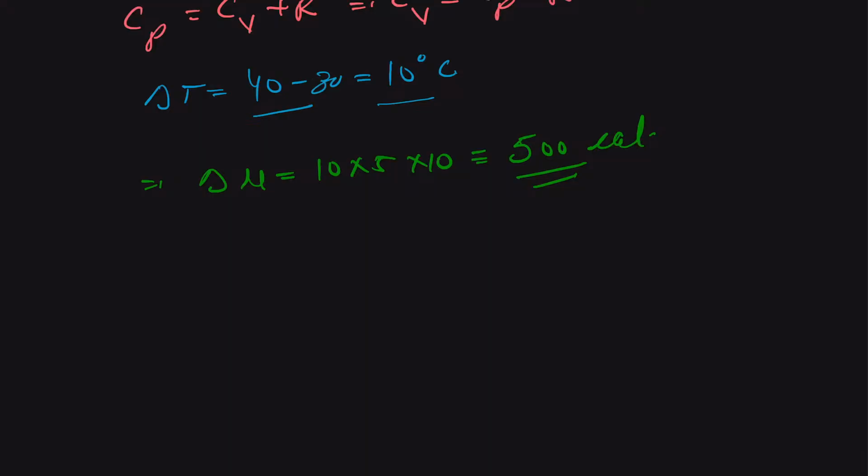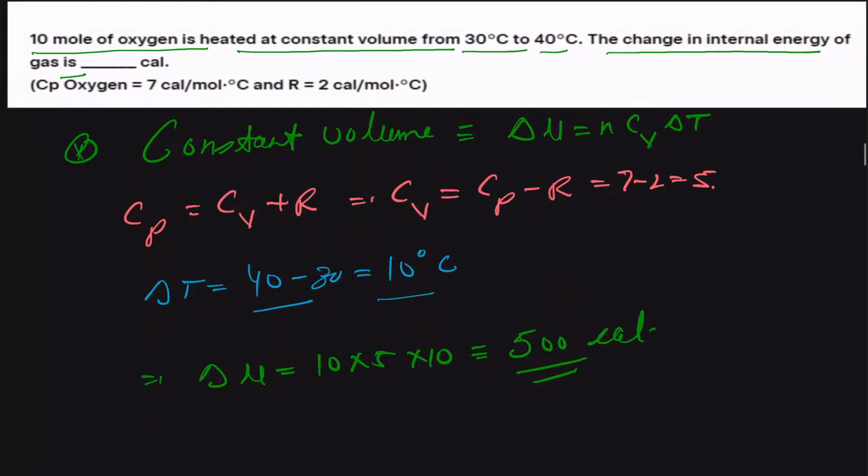So the heat goes entirely into increasing the internal energy. And we are given this as oxygen. Oxygen is basically an ideal diatomic gas. Most of the time, in case of internal energy calculation, we try to use our constant volume, Cv.